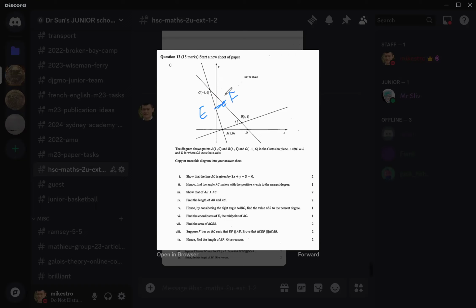Prove that triangle CEF is similar to CAB. Oh. Yeah, I mean, it's kind of weird. I mean, what's there to prove, really?